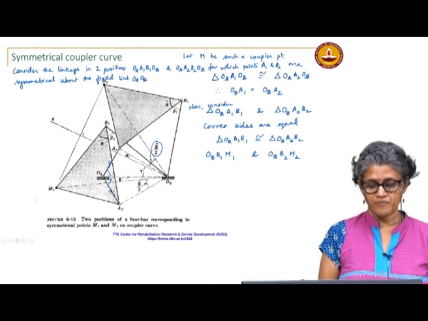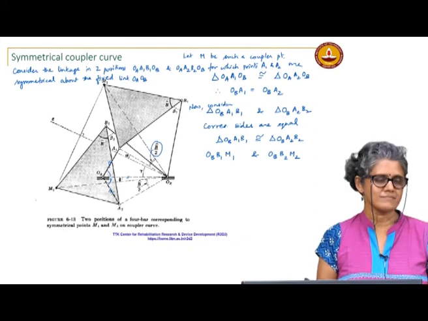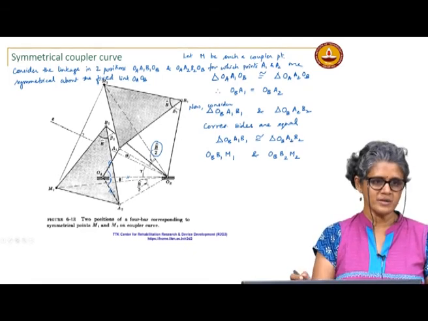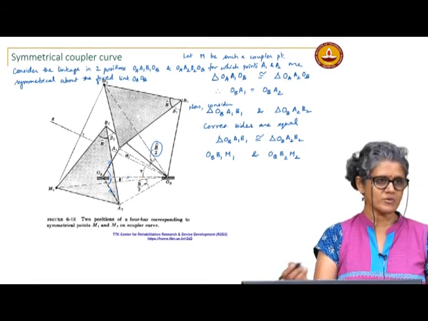Now you can directly say that you are rotating it, right? Because OB A2 B2 is a rigid body, and you are rotating it about this.